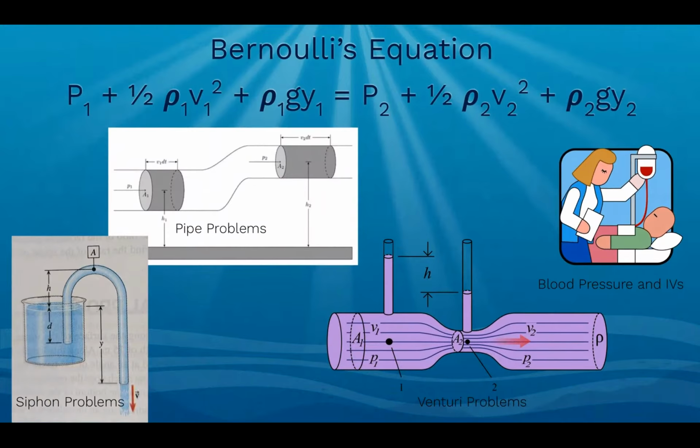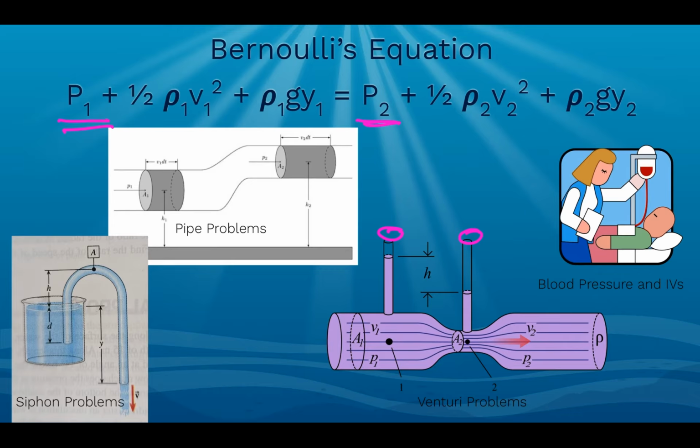So let's look at these and think about what is going to be 0 for each of these. When we have this, the pressures will be different, the heights are different, and the velocities will be different because the diameter is changing. So that's not going to cancel anything out. So for Venturi, that's what this is called, where the pipes are open to the air, which is fascinating because technically at the top of both of these, the pressures are equal.